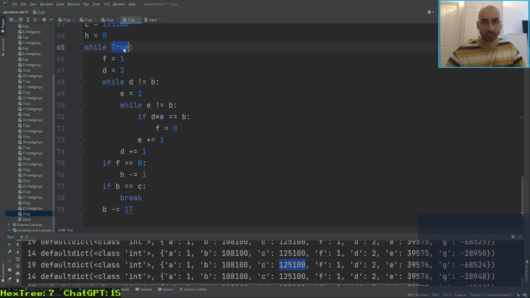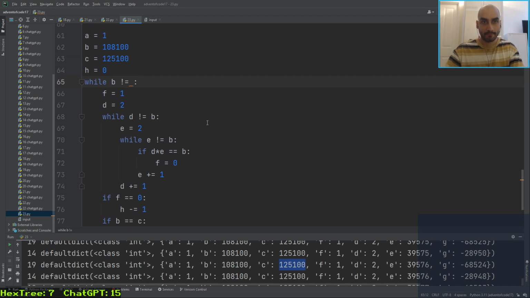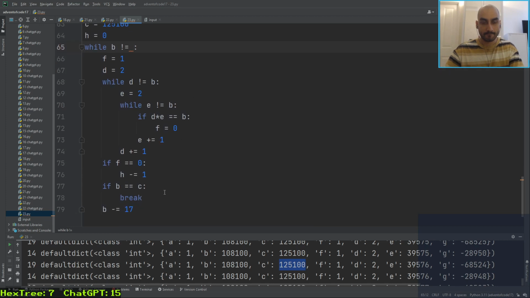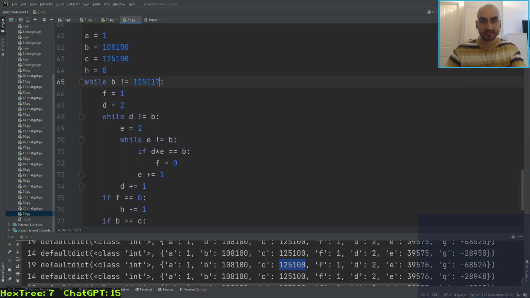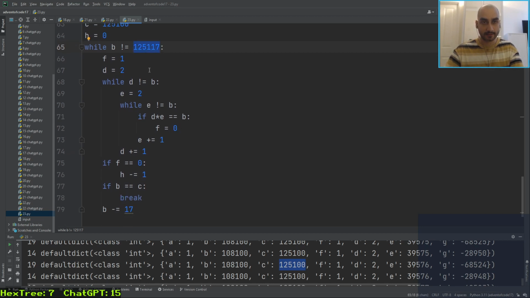So in other words, this while loop is actually while B is not equal to 17 more than C, because when it's that, hang on.